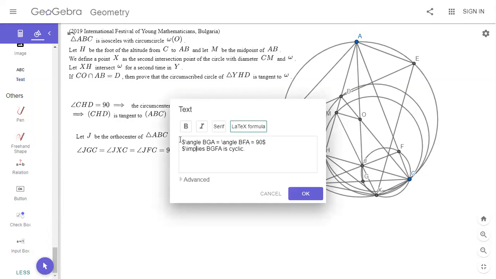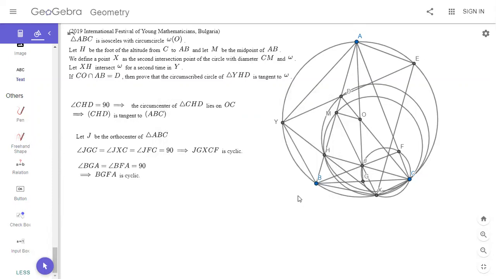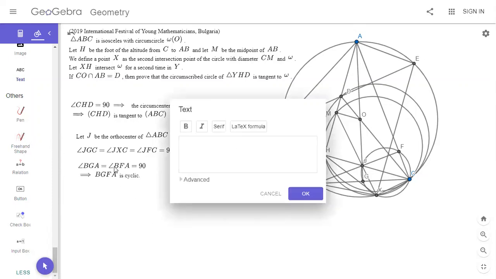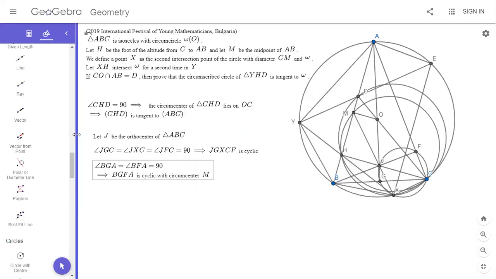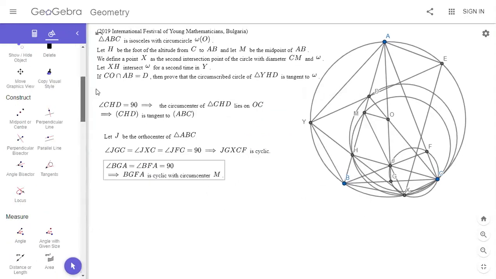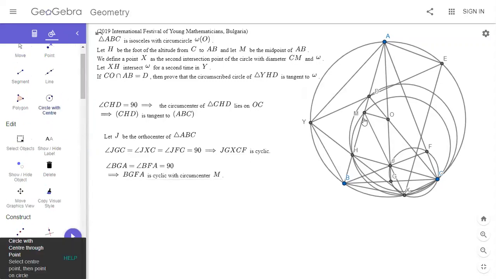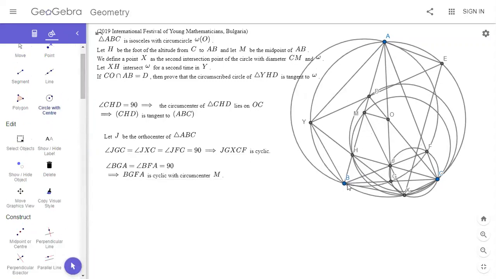I'm just going to write it out just in case. I'll say cyclic with circumcenter M. Okay. And then I think that might be important. Yeah. So once we know that, I don't even know if we need point E in the problem.